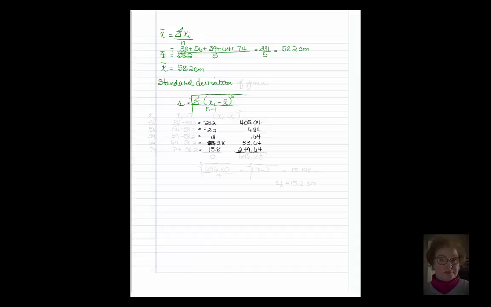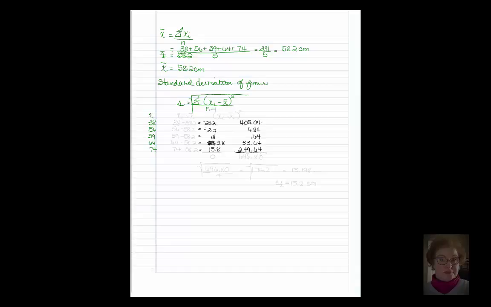So let's go ahead and set up a table, and I'm going to put my values for my femur. So I'm going to put my values here, 38, 56, 59, 64, and I'm going to set this up.